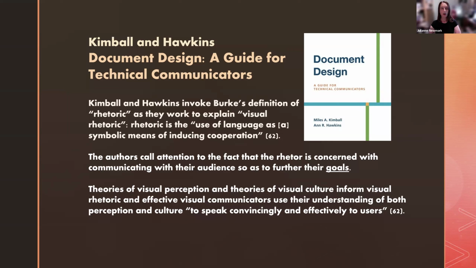So Kimball and Hawkins invoke Kenneth Burke's definition of rhetoric as they work to explain visual rhetoric. That's basically the grounding question of this entire class. What is visual rhetoric? So rhetoric is the use of language as a symbolic means of inducing cooperation.